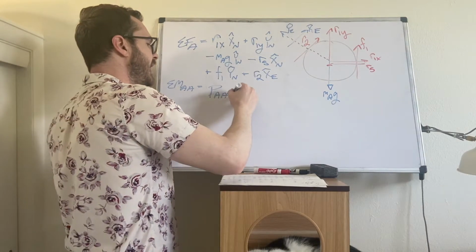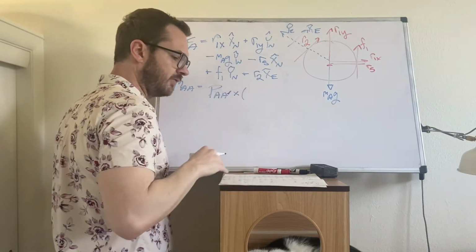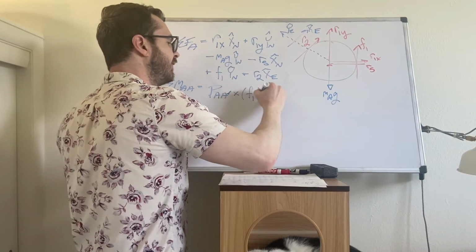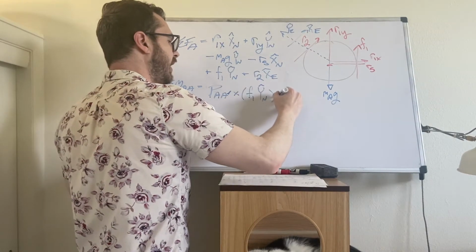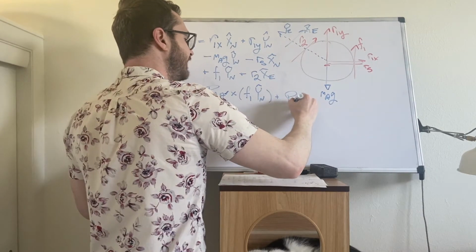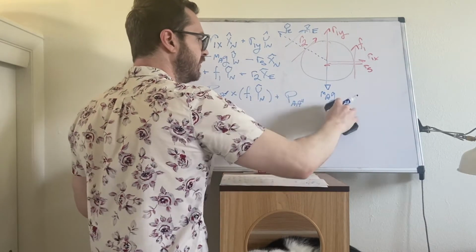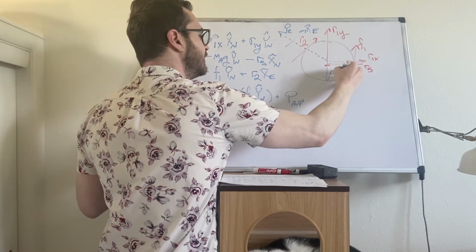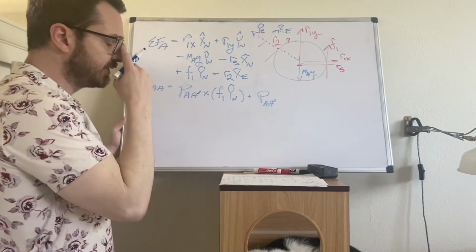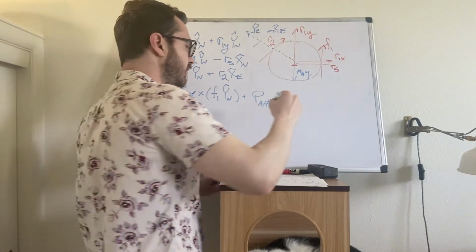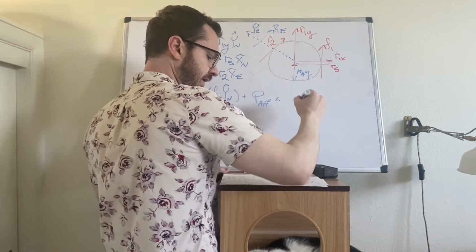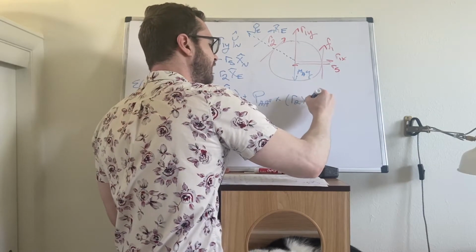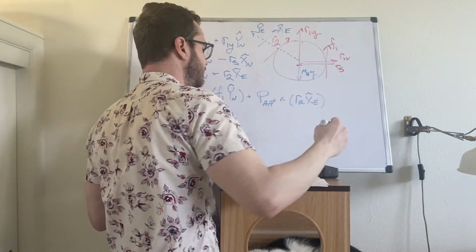But A to A prime cross, and this will be the friction point first, so F1 in the Y hat N direction, plus the position vector from A to A double prime, cross. I'm going to erase gravity, MAG. This one is the R2 in the XE direction.